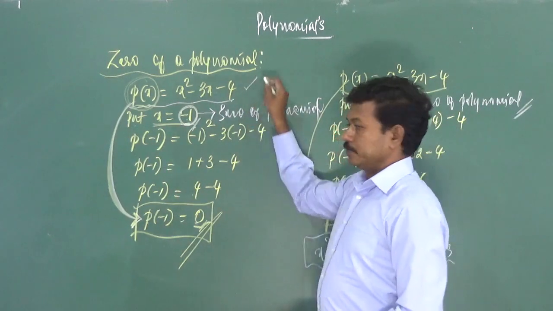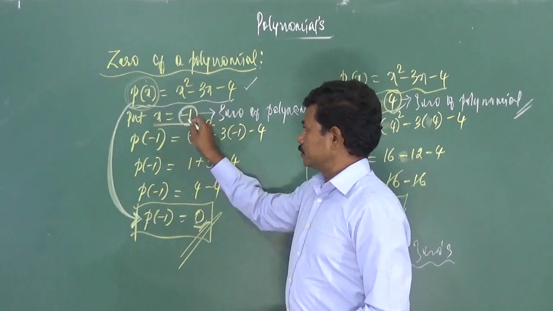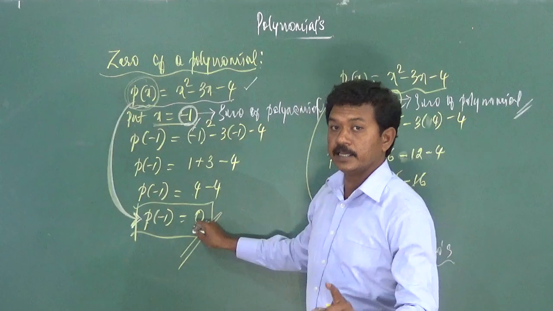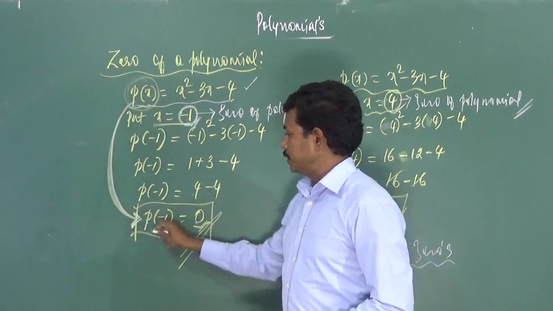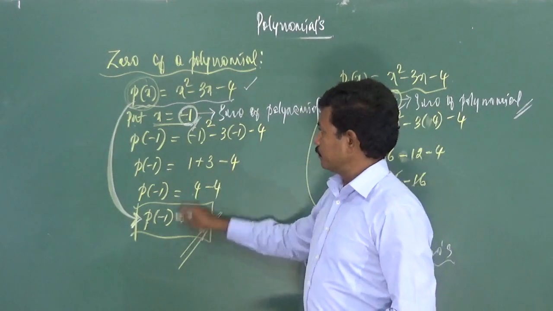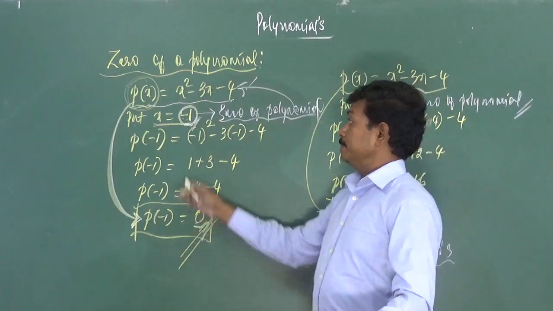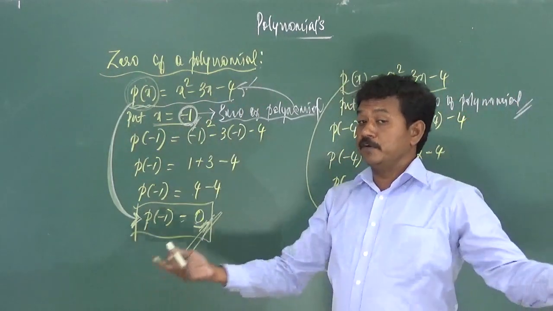A polynomial was given to you. You are asked to substitute the value minus 1. When you substituted this value, p of x becomes equal to 0 exactly. So minus 1 made this polynomial p of x become 0. Therefore minus 1 is called a zero of this polynomial. Maybe minus 1 may be the zero of some other polynomial, we don't know.